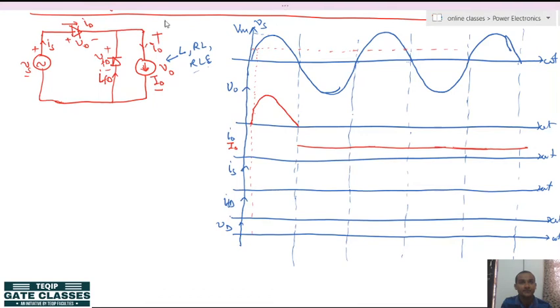So, this is the load current, and let us start.